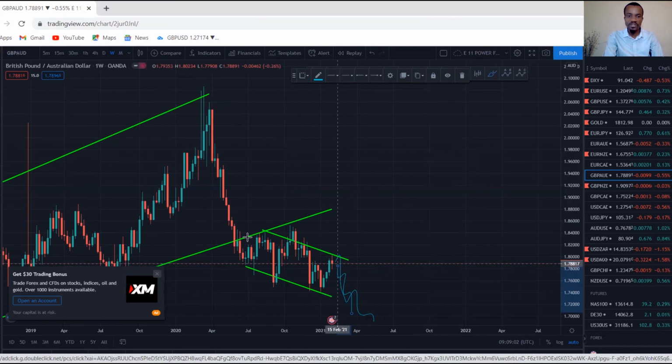Probably around this area, there may be a skewed head and shoulder forming here. Let me just illustrate that. This might be our head around there, this might be our left shoulder around here, and around here there might be our right shoulder, and then price continues pushing to the downside.